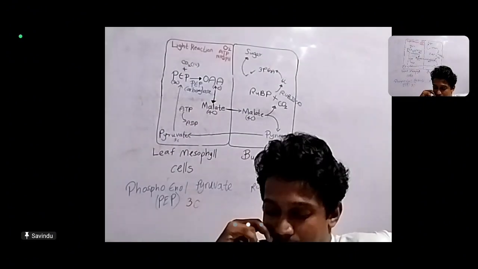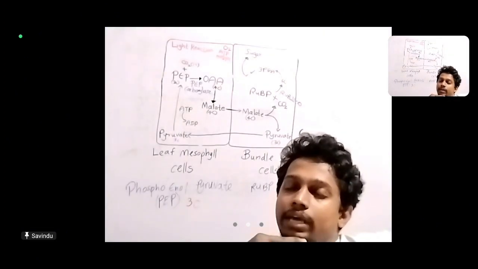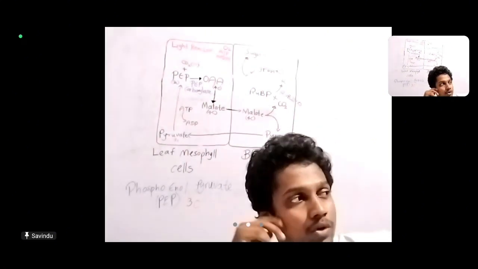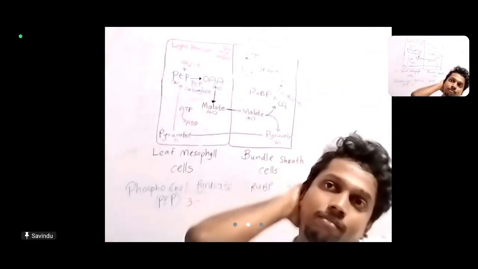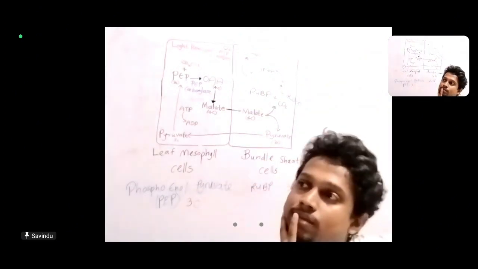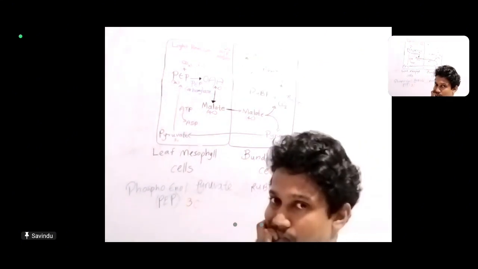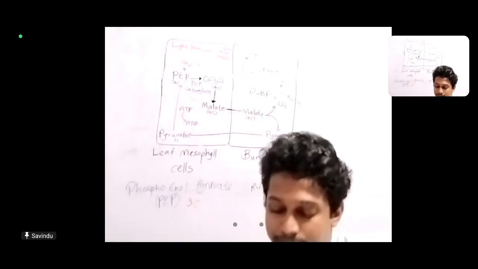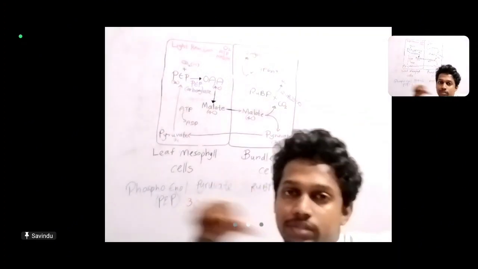Oxaloacetate is rapidly converted to more stable malate, within brackets 4C, 4 carbons.